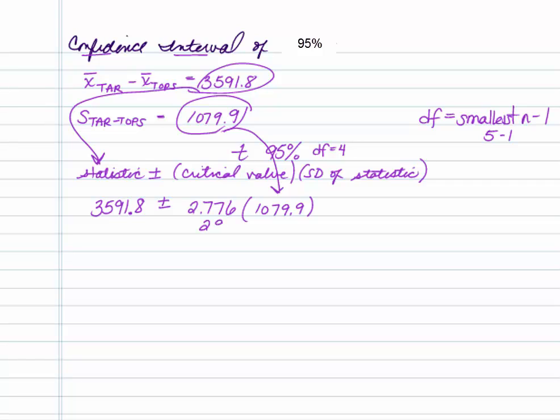Same as before too, when we calculate this part is our margin of error. Our margin of error is still that. And then we want to separate it and find out what the upper and the lower parts of that confidence interval are.